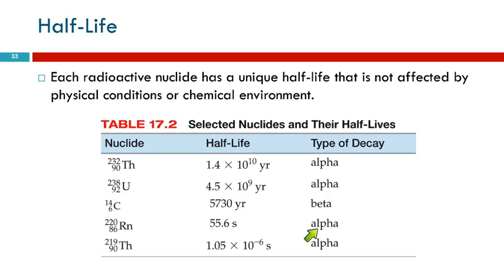That's also alpha decay. The type of decay does not indicate whether it's got a long half-life or not. And then thorium-219 has a really, really short half-life, a microsecond. So in a microsecond, half of it's gone. In another microsecond, half of what's left is gone. So half-life varies tremendously.